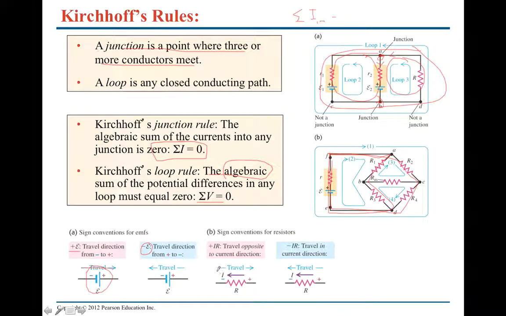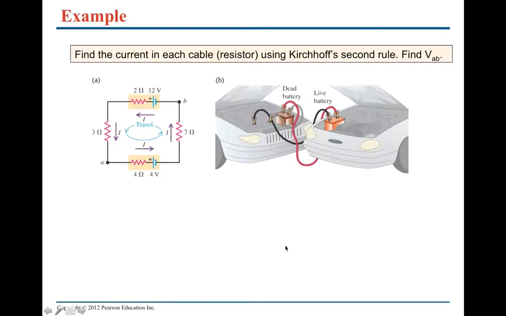If I is this way and you travel this way, then this is plus potential. If you're traveling along the direction of I, then that's a voltage drop. These will become easy once we start doing the applications. Okay, so let's look at some applications here.